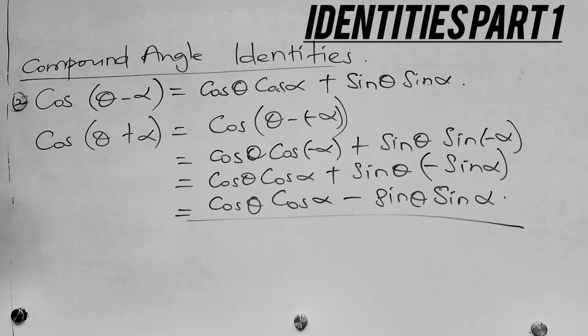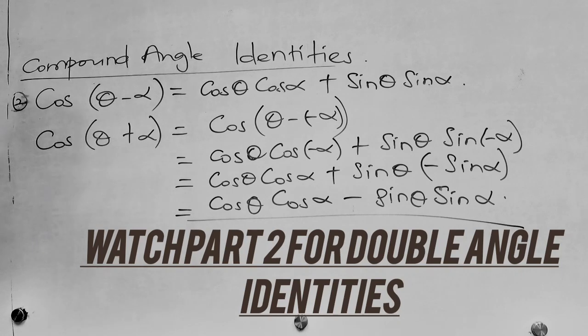So this is how we derive the identity of cos theta plus alpha from the identity cos theta minus alpha.